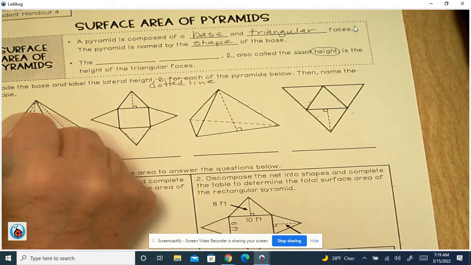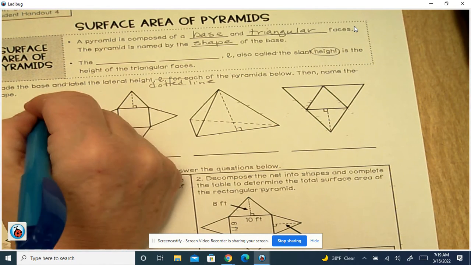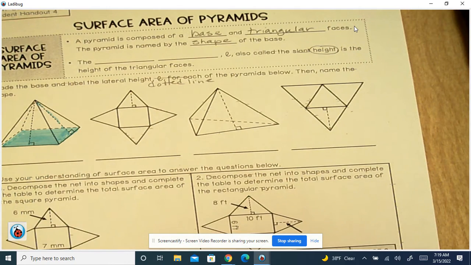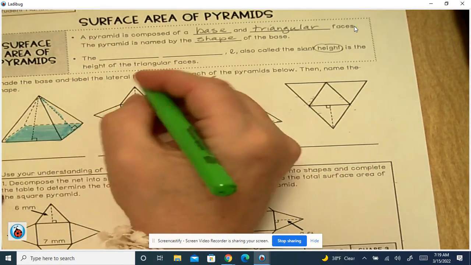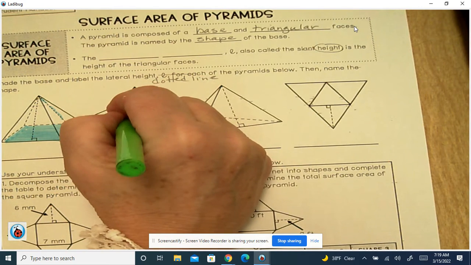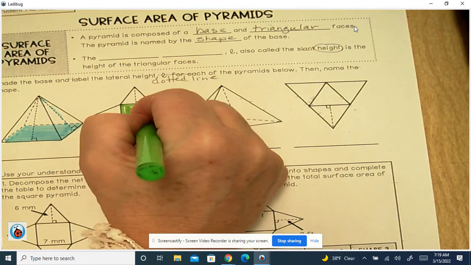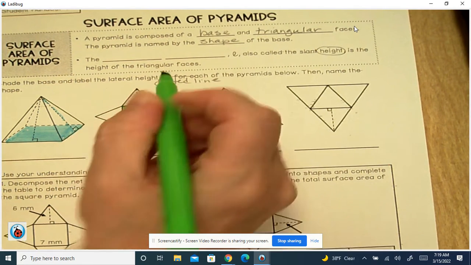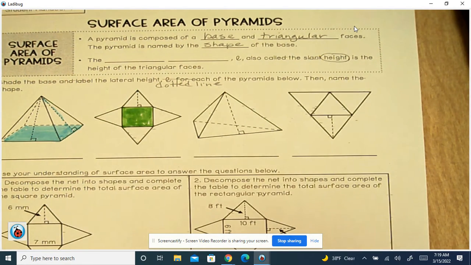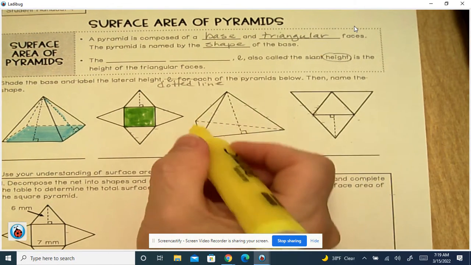I guess they call it slanted because the pyramid slants up. So it's slanted, that's the height, and there are four triangles to that pyramid. This one is a square. We have another triangle.